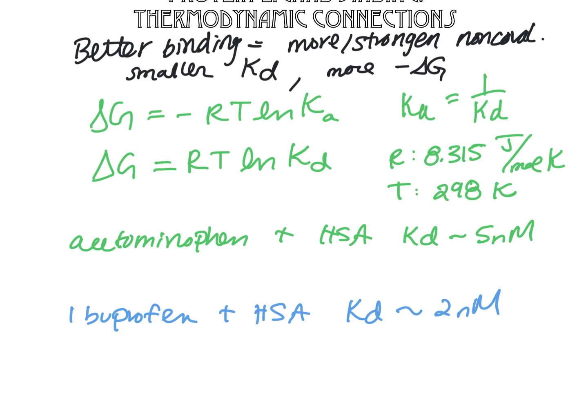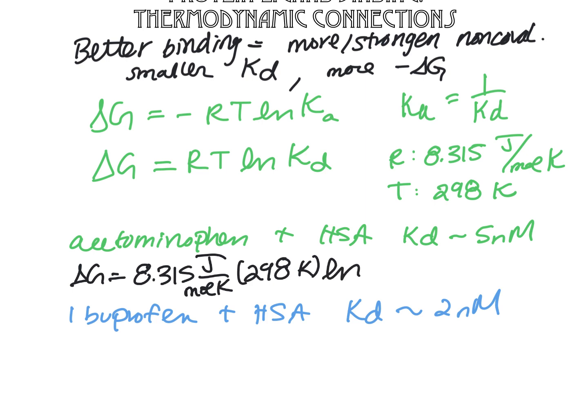Okay, let's go ahead and put this into the equation. So delta G equals R, which is 8.315 joules per mole Kelvin, 298 Kelvin, times the natural log. Now, if you just put 5 in here, it's not going to work. You need to convert to molar for both of these. So 5 times 10 to the minus 9 molar.